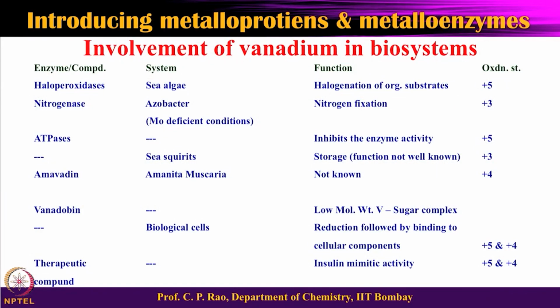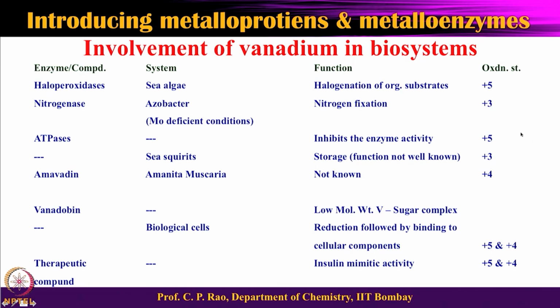I will also explain to you why not the lower, like +2, etc. The +2 is strongly reducing, it will easily go back to the oxidized one, and many things below as well, they are not stable. So, therefore, +2 and below are not found; +3, +4, +5 are of course found, being identified in various organisms, and they do a variety of functions.